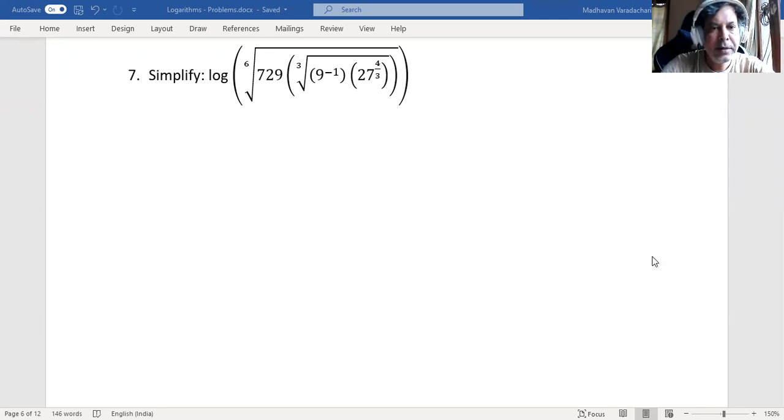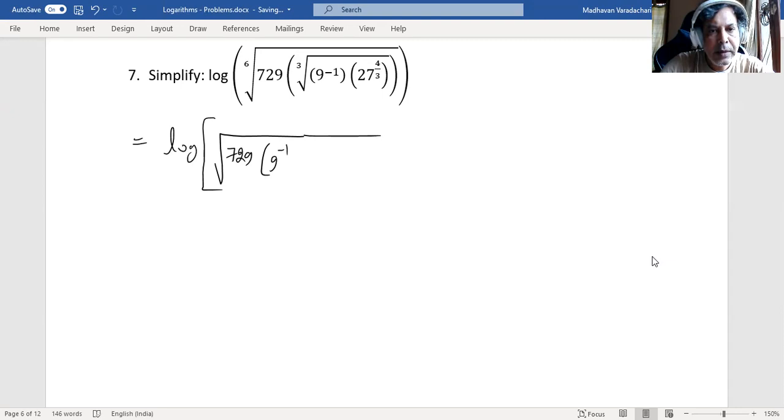Let us write this as logarithm of, since it is a sixth root, I will first write down root of 729, and this is cube root, so 9 inverse, then 27, 4 by 3.